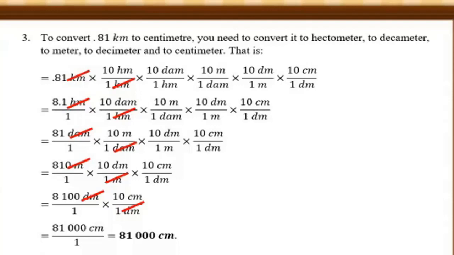So 8,100 decimeter cancel. So it becomes 8,100 times 10 is 81,000 centimeter over 1. Therefore, 81,000 centimeter is our final answer.